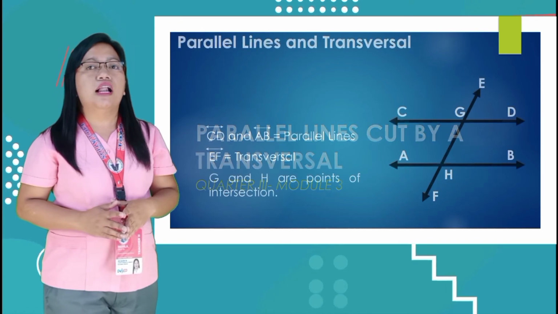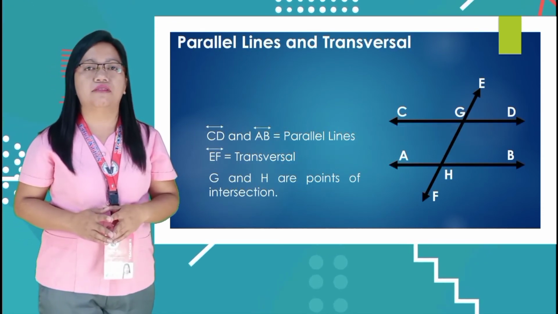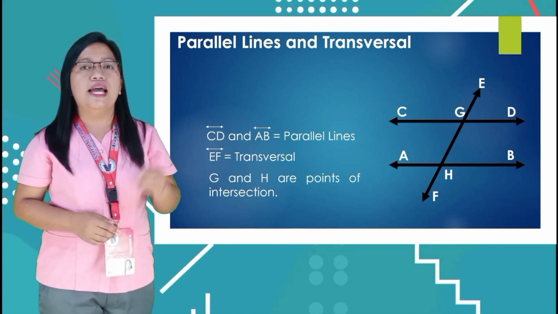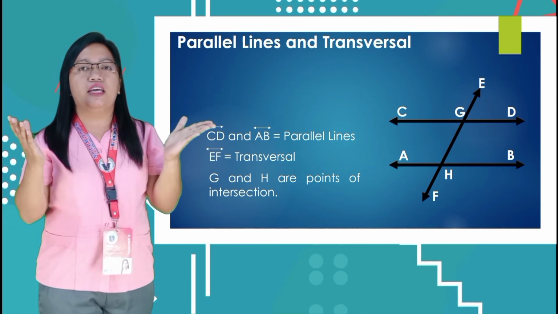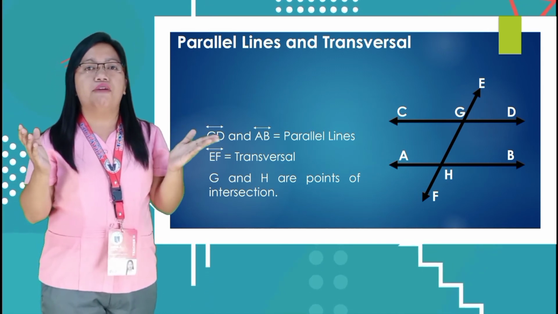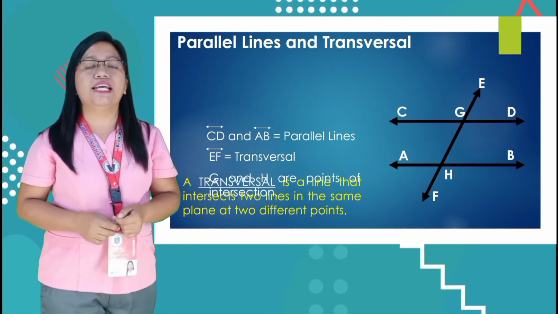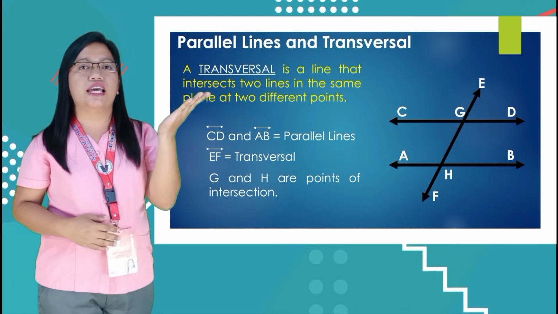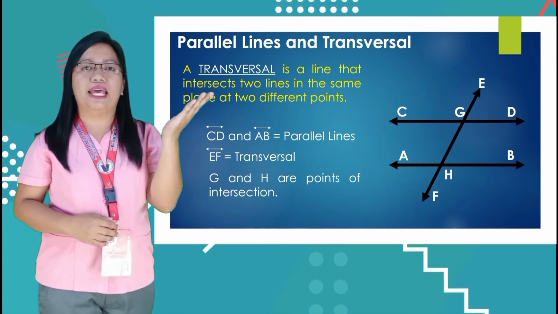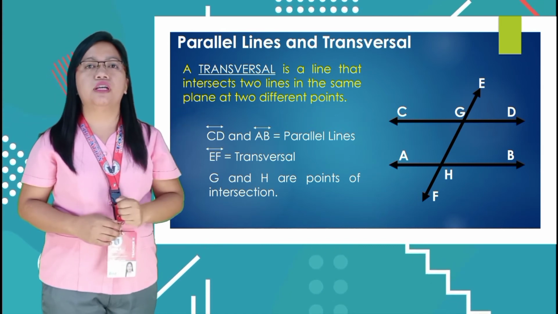In the diagram, line CD and line AB are parallel because line EF cuts line CD and line AB. The line EF is the transversal. When we say transversal, it is a line that intersects two lines in the same plane at two different points.